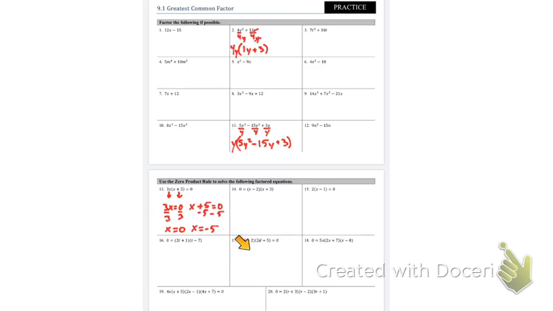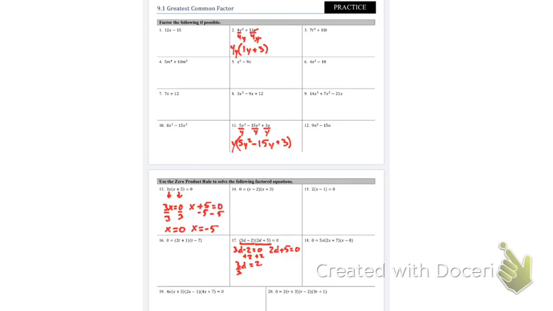We have, again, 2 factors. Here's my first factor. Here's my second factor. Put each factor equal to 0. So 3d minus 2 equal to 0, and then 2d plus 5 equal to 0. And then solve for the variable. So I'm going to add 2. 3d equals 2.